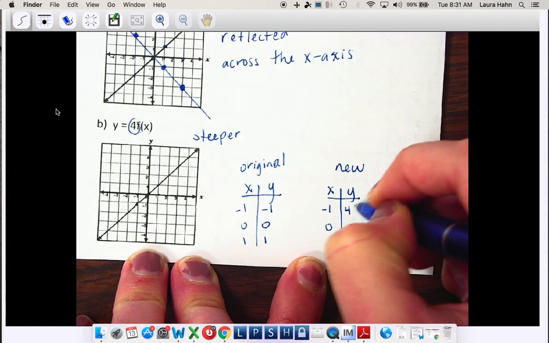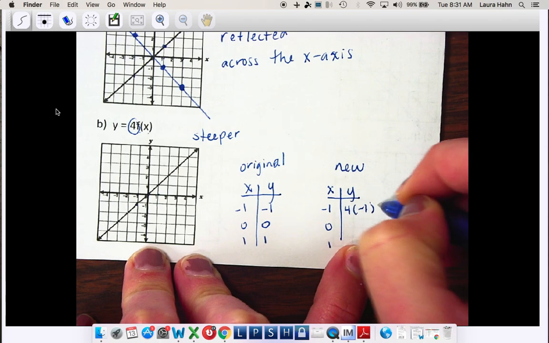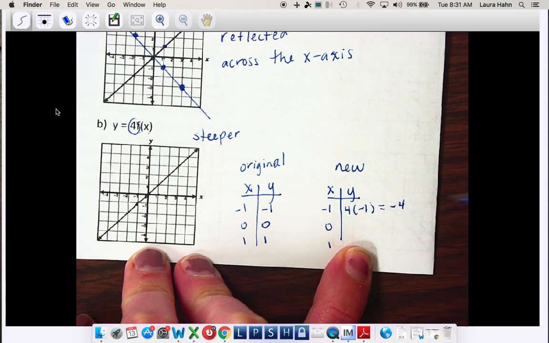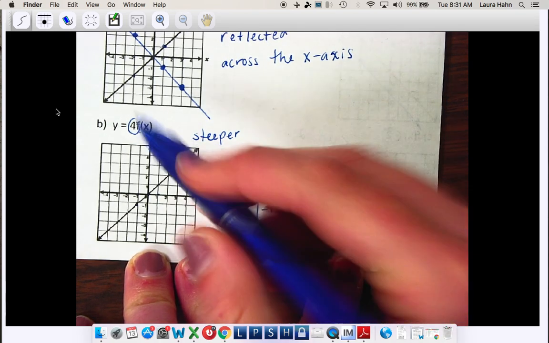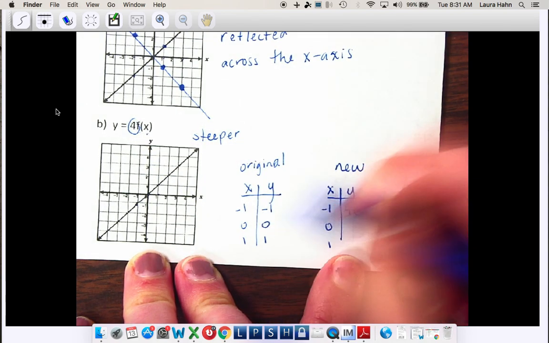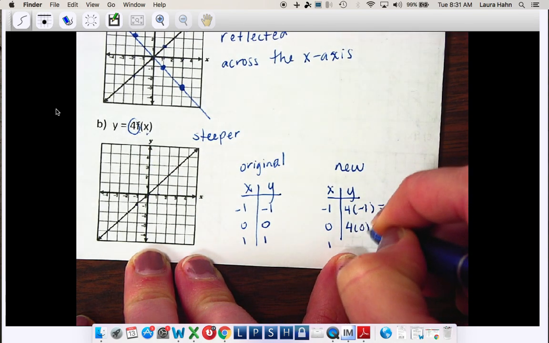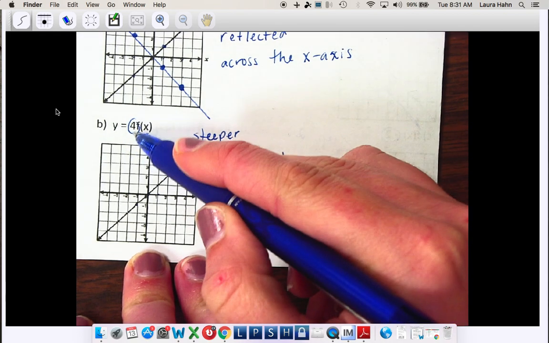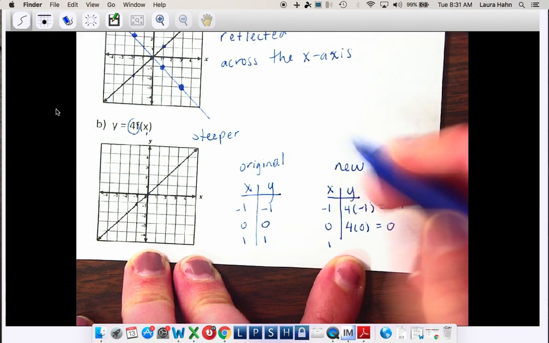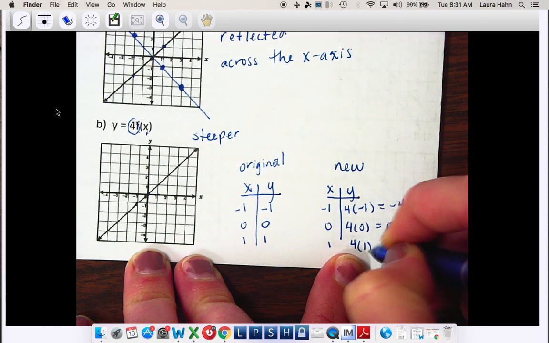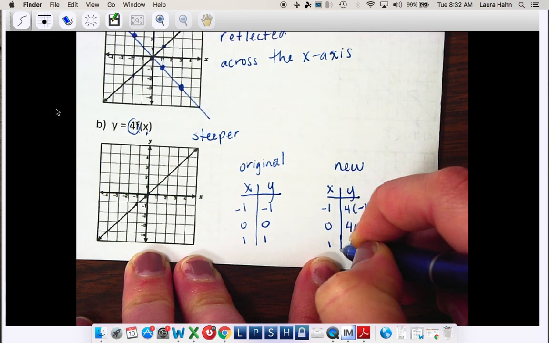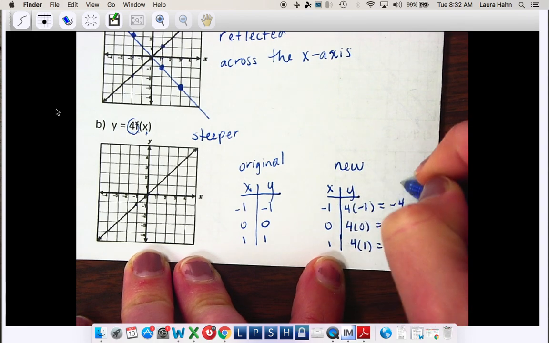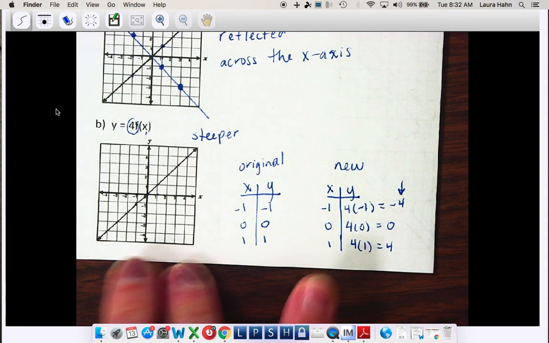So 4 times -1 is -4. We're going to take 4 and multiply it by our original y, so 4 times 0, which is 0. And then 4 times my original y, which is 4 times 1.